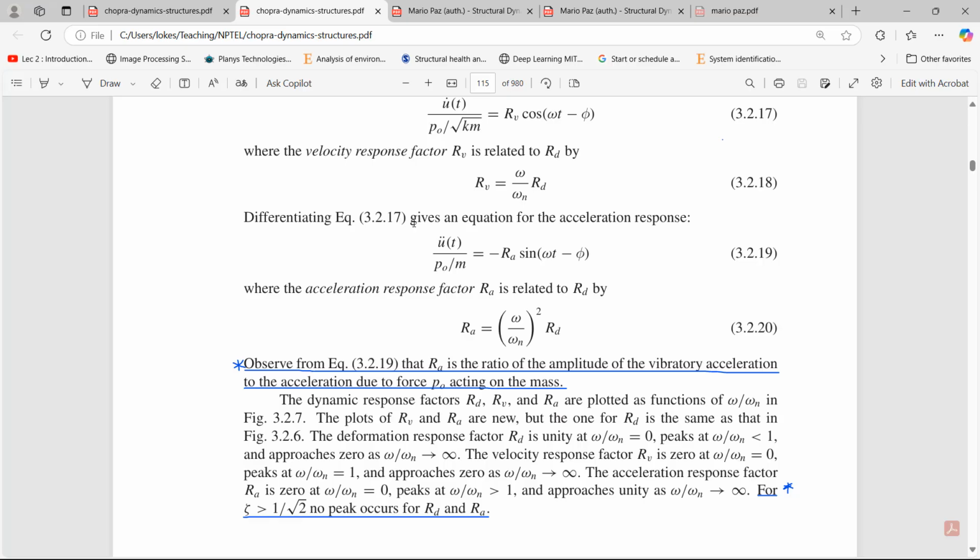This accelerometer works on a principle which is very close to this forced single degree of freedom system. In an accelerometer, there is a mass, spring, and damper, and it is attached to the place where we want to measure the accelerations or the displacements.